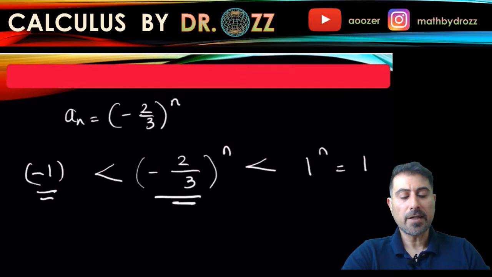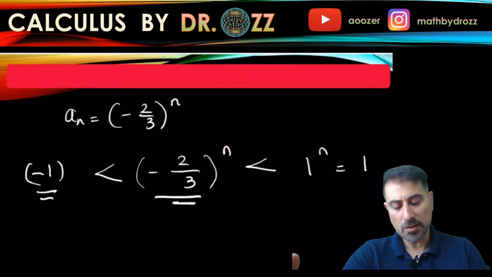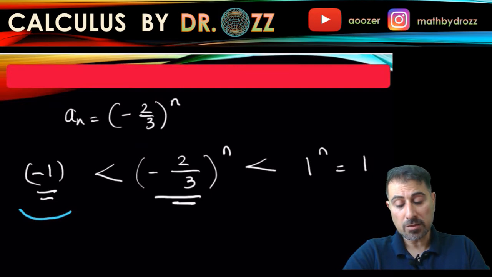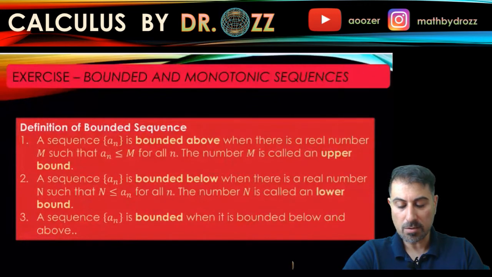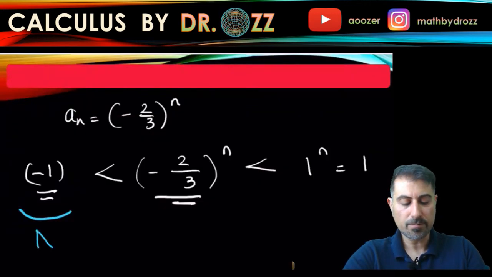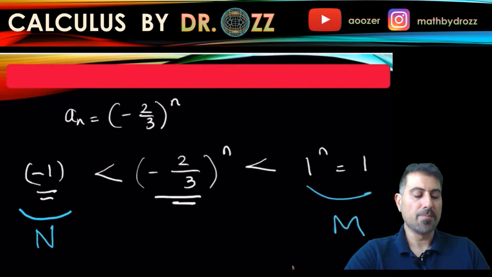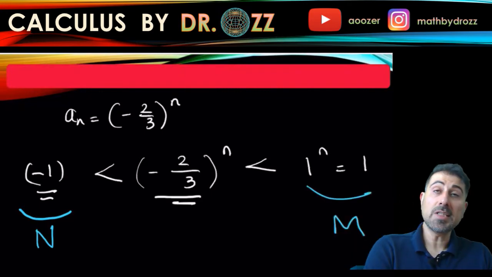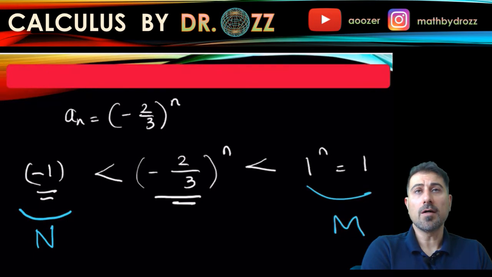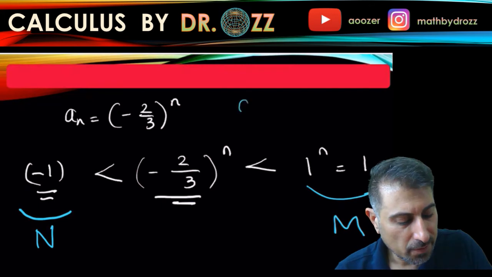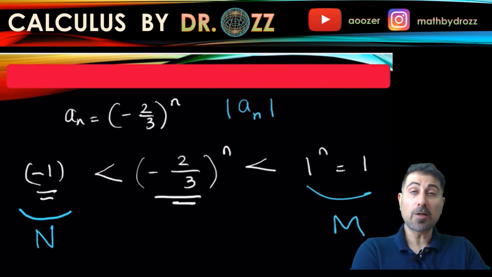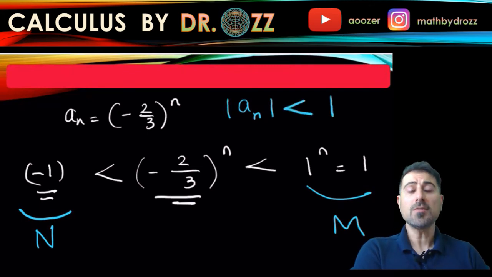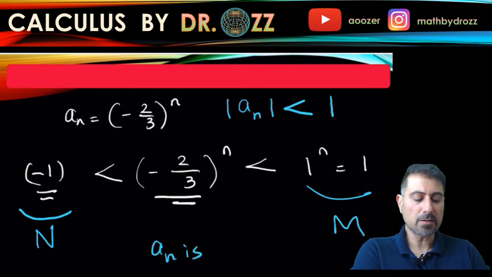So essentially I found two bounds. One is the lower bound. Going back to the description of the theorem, this one was referred to as n. Okay, so let's go back here. So this is my n. And this upper bound is my m. So essentially, the sequence is bounded by 1 from above and then -1 from below. We can also represent this by an absolute value symbol. So essentially, the absolute value of a_n is less than 1. So we conclude that a_n is bounded.